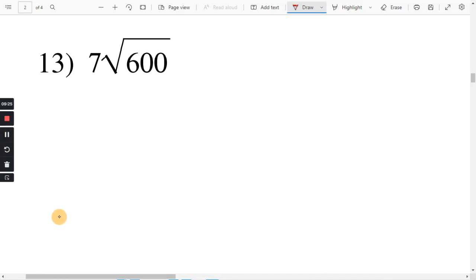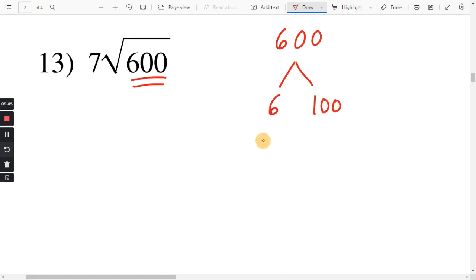All right, let's look at number 13. We already have a 7 outside of the square root, so we're just looking to break up the 600. All right, so let's write out the factors for 600. And we know that's divisible by 100. 600 is the same as 6 times 100. And 6 is the same as 2 times 3.